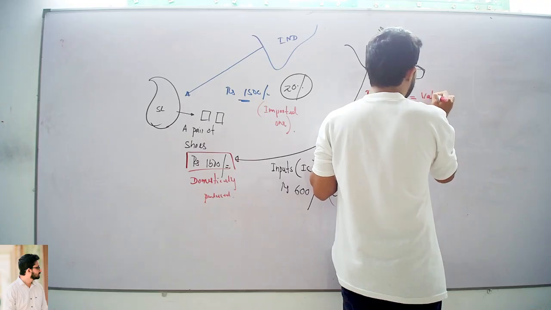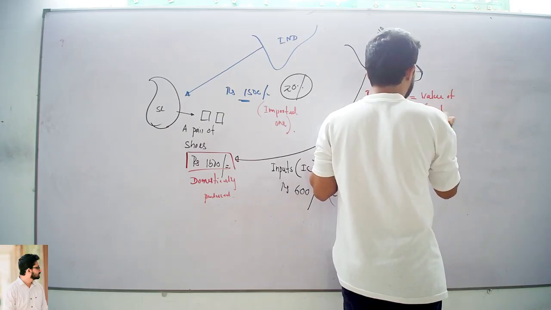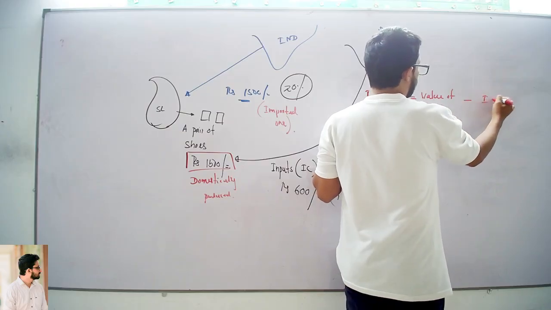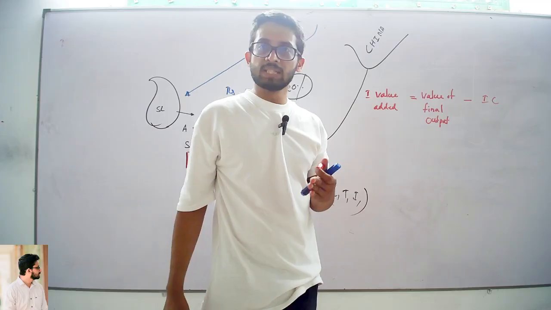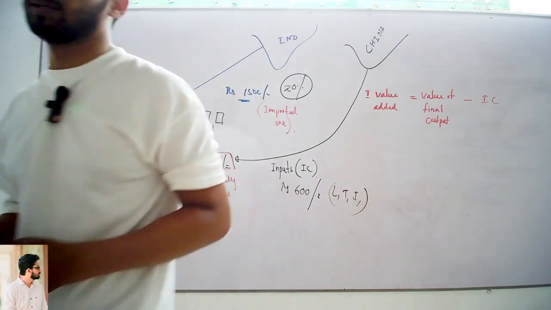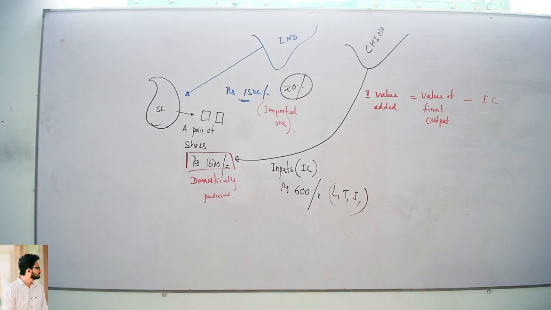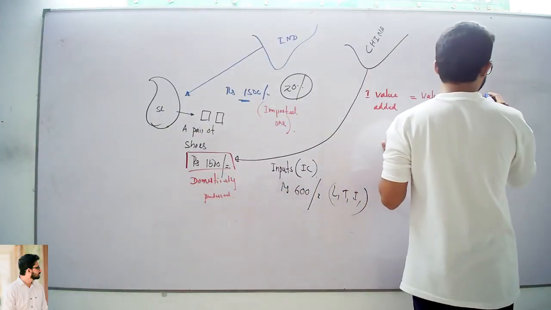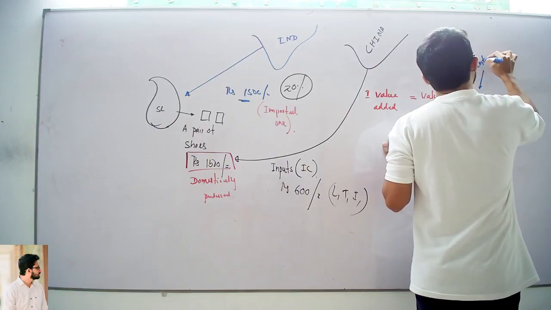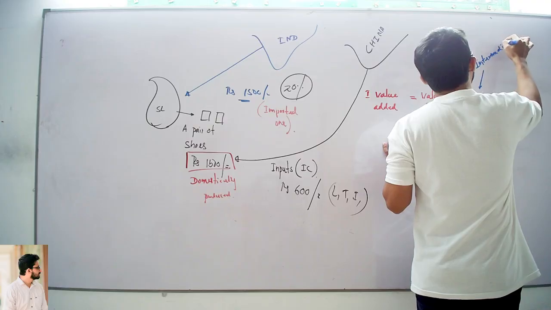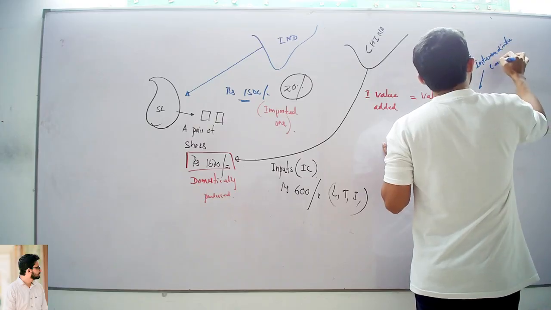Value of final output minus IC. IC means the intermediate consumption. It means the value of goods and services which are purchased from outside. IC, intermediate consumption.